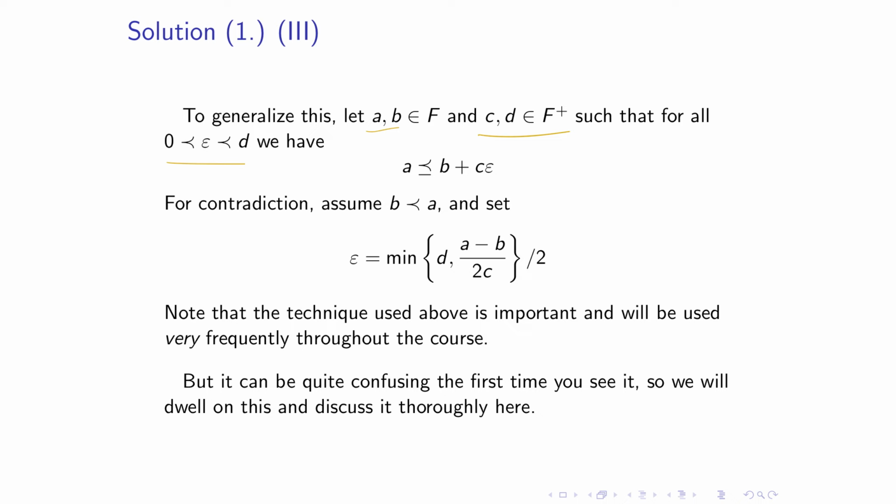But the idea is, well, I need my epsilon to be chosen between 0 and d, but also I want my epsilon to kind of cancel out the c, so I want the c in the denominator, and I also want that once the c has been canceled, then what's left over is a minus b over 2.